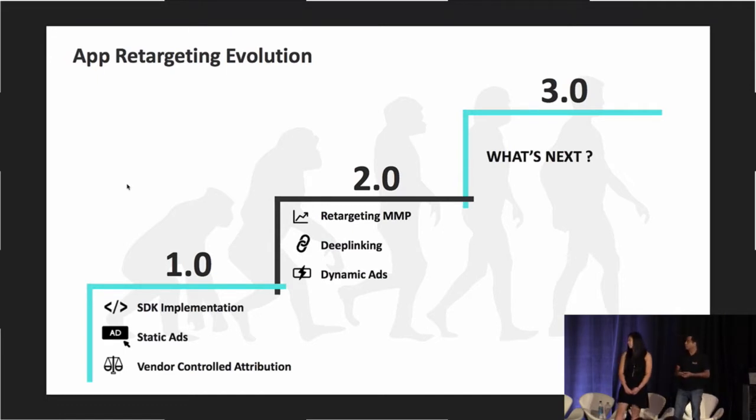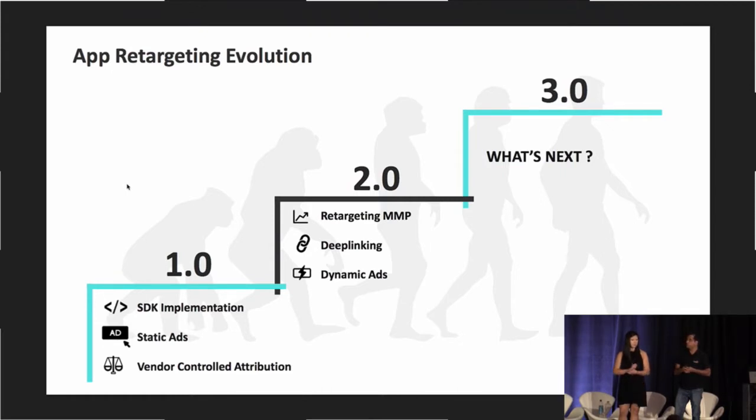So if you think about app retargeting 1.0, which started in 2012, it was a very simple, basic solution. You needed to do SDK implementation to get the data. Ads were mostly static, and attributions were not really figured out at that point.